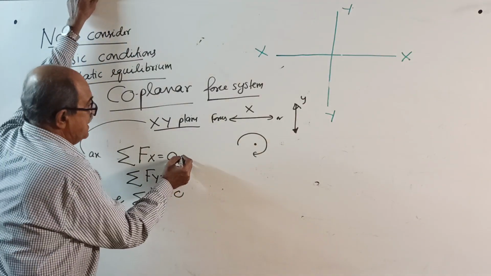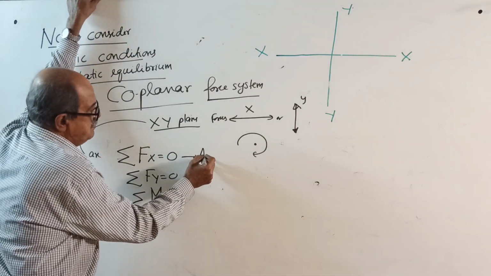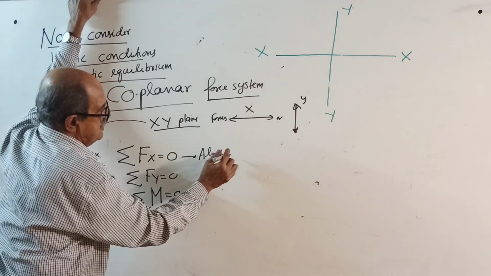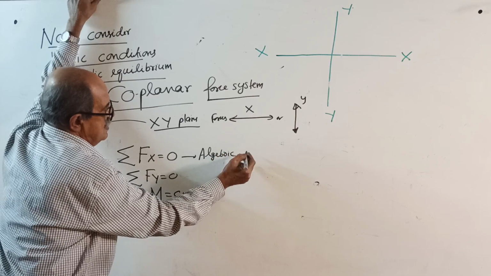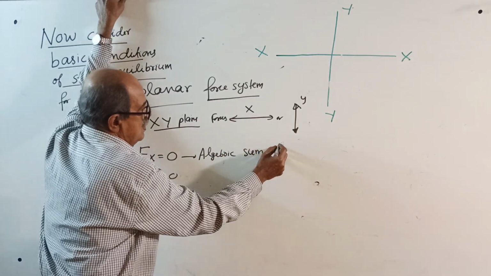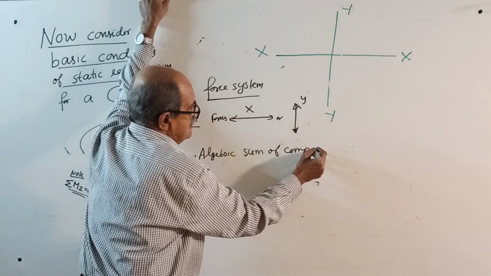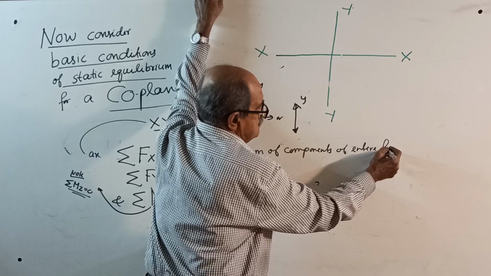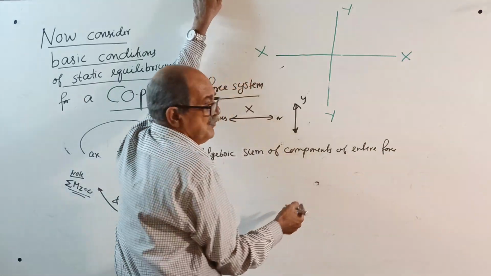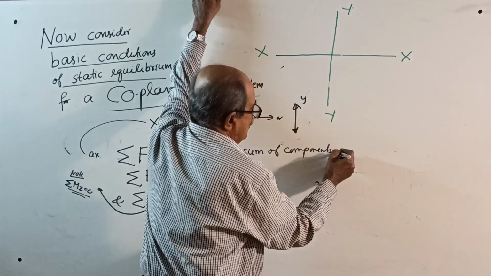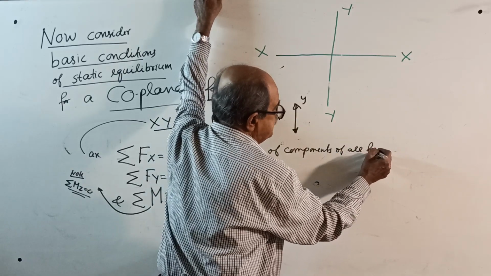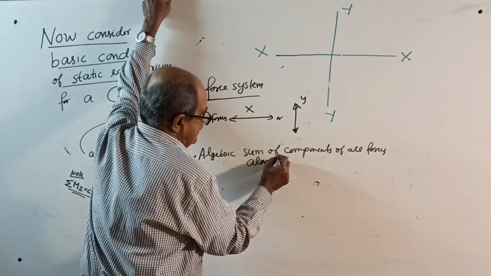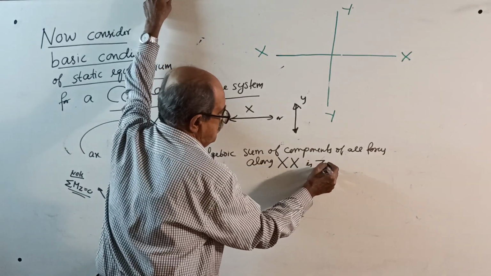See now, I will dictate here. Algebraic sum of components of all the forces of the force system along X is 0.